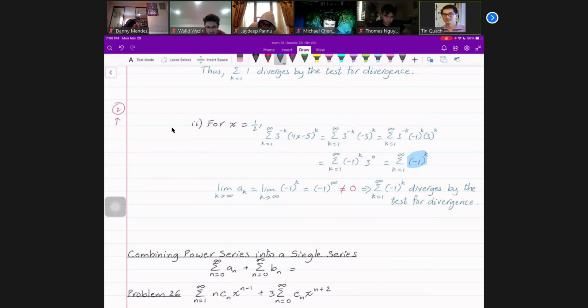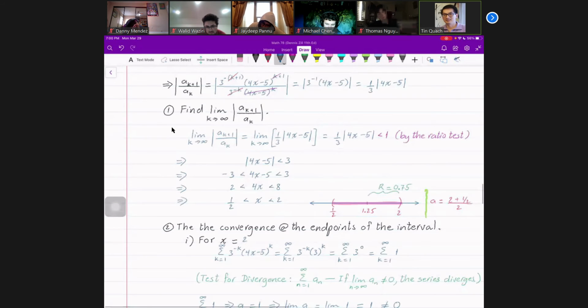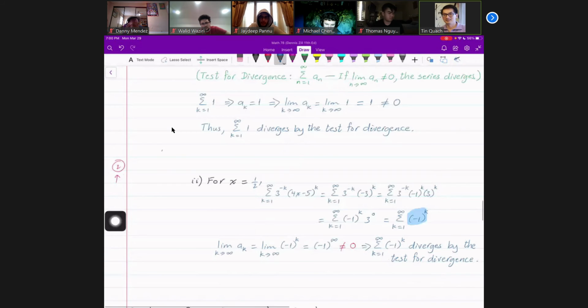All right. So at x equals 2 and x equals 1/2, the given series diverges. So the interval of convergence is just everything inside, not including the endpoints. So therefore, in this case, the radius of convergence is 0.75, and the interval of convergence is 1/2 to 2, exclusively.